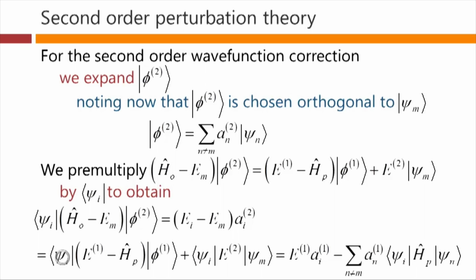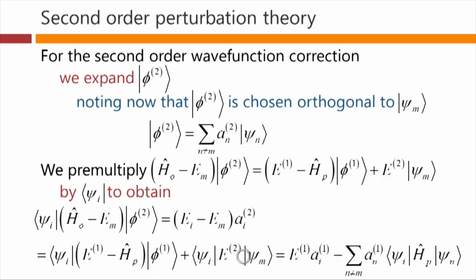For this <psi i|Hp|phi 1> with a minus sign in front of it, well, we can fold the <psi i|Hp inside the expansion for phi 1. So that's what we've done here. We have our minus sign because we had our minus sign. For this term here, by definition, we're only working out coefficients where psi i is not the same as psi m, where i is not the same as m.